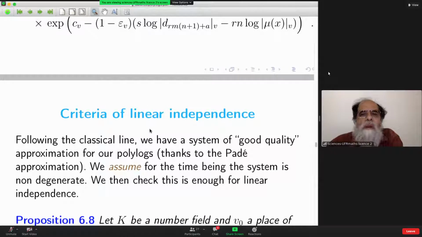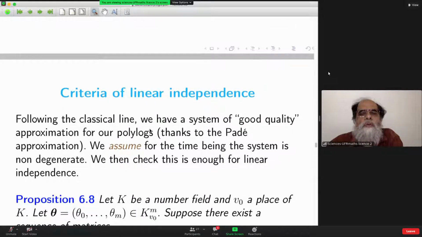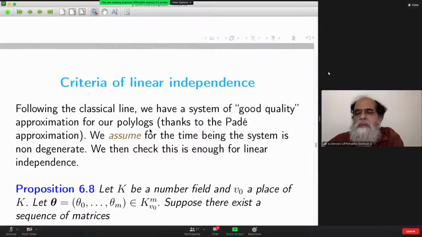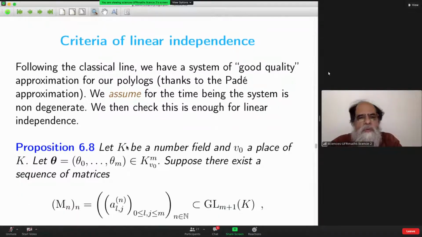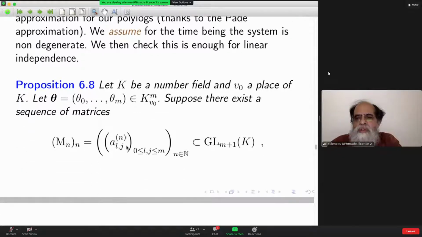Okay. So now we want to use, in fact, the criterion of Michel-Laurent. So remember that for the criterion of Michel-Laurent, you wanted to have a linearly independent vector. So the only reasonable way to have a linearly independent vector is to have a matrix which is invertible. So you know that at least one of these linear combinations will be non-zero. So what we say is that we have a sequence of matrices which are invertible.